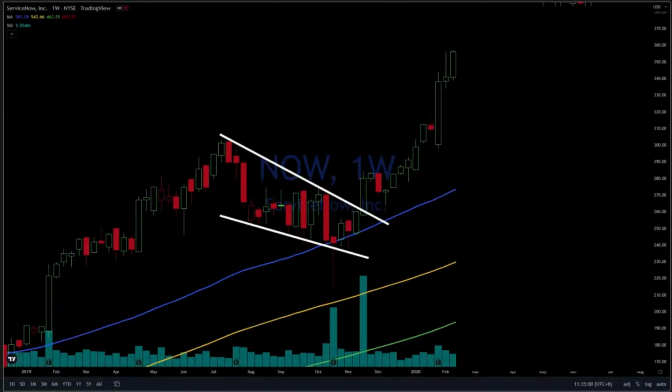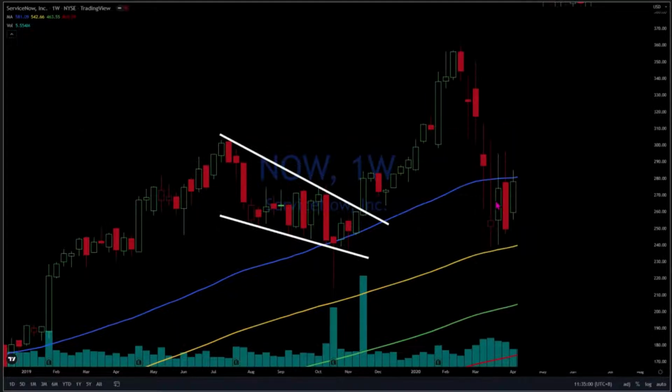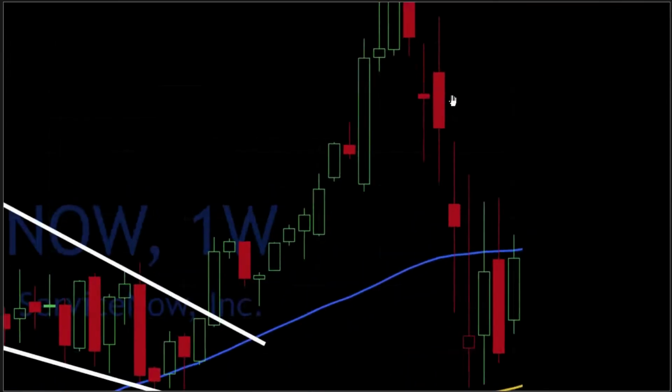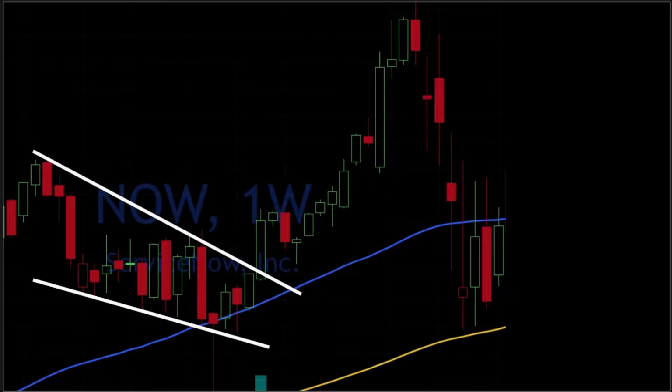So what happens next? The next thing you know, there's a huge flush down, taking out a lot of stop losses, and you see, this is volatile. You can see that these red candles right here have huge gaps down, and another huge gap down.